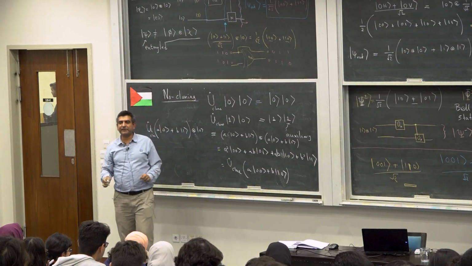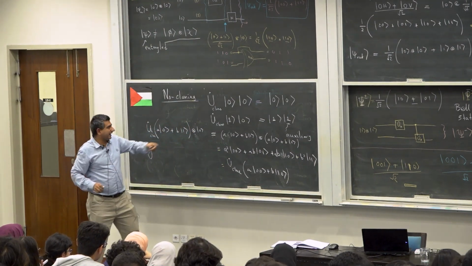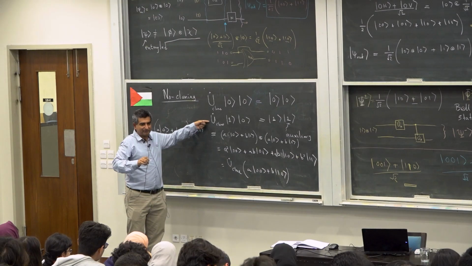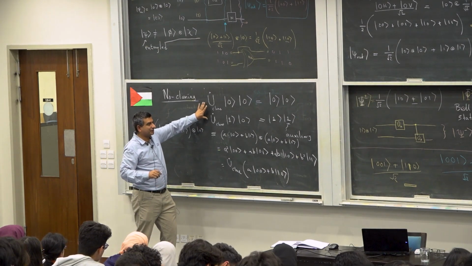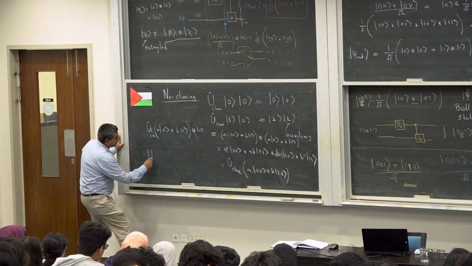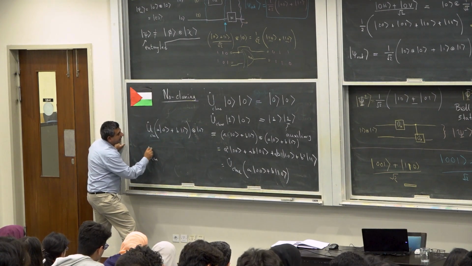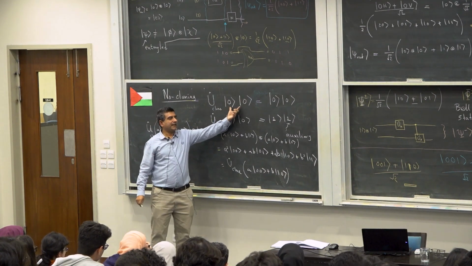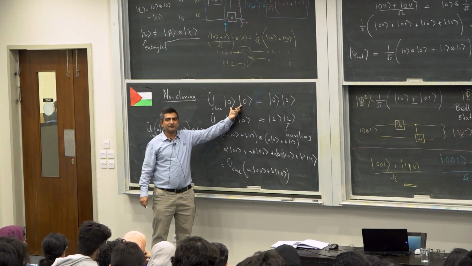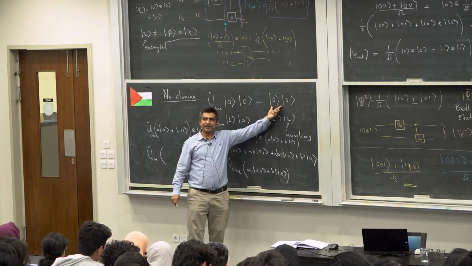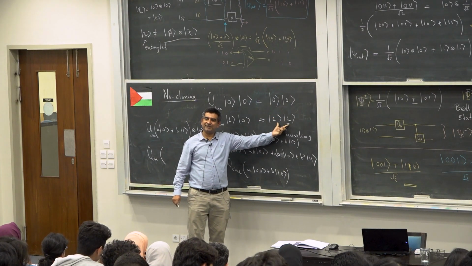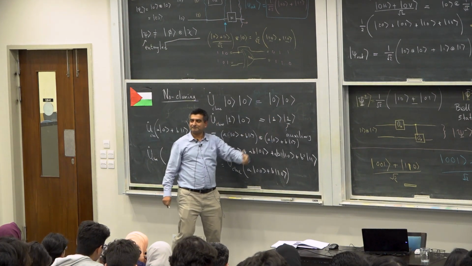However, if quantum physics were linear and I use these two definitions, then if I just use the linearity property of quantum physics and U clone acted on A times this state plus B times this state, I would get A times this state and B times this state, right?